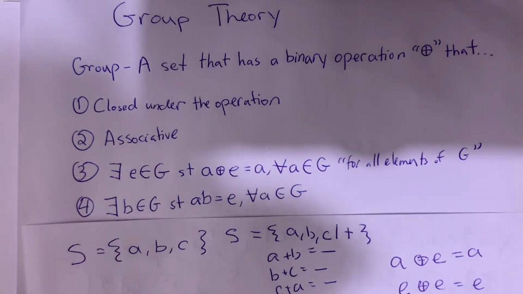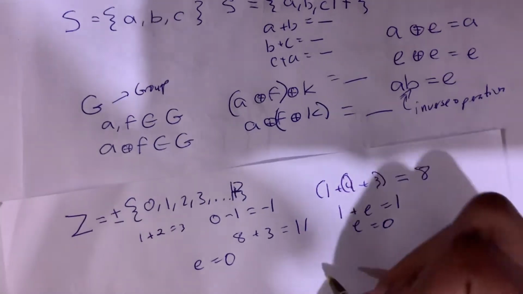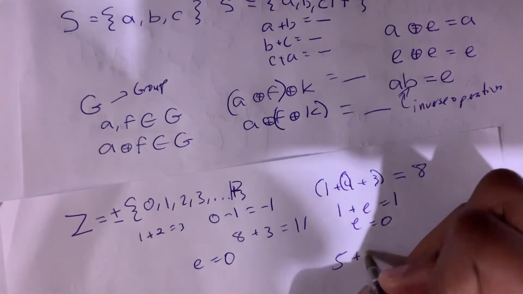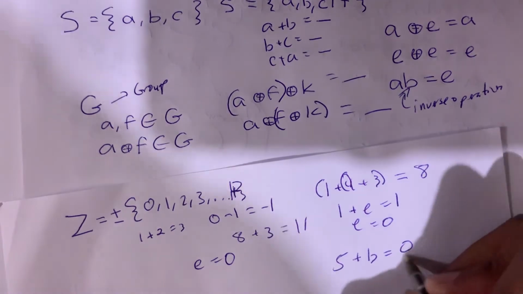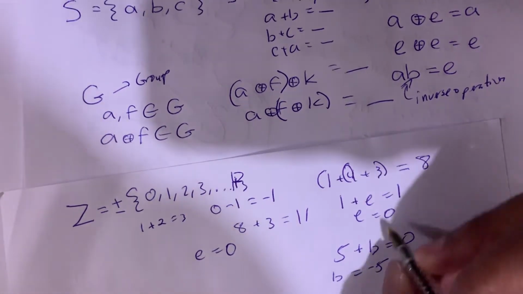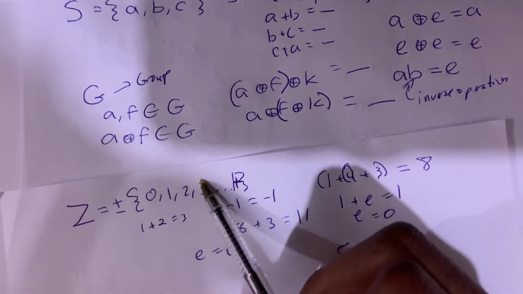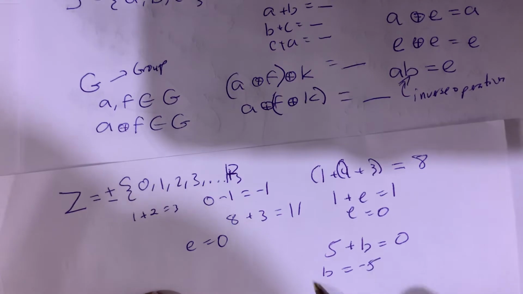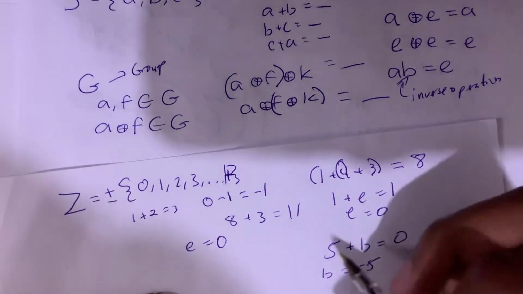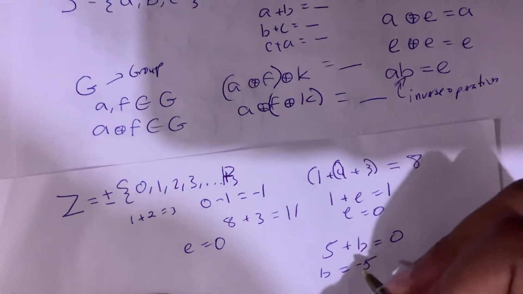4: does there exist some B where A plus B equals E? So does there exist some number where 5 plus some B equals the identity element 0? Oh yes, that being minus 5 in this case, which is actually in the set, because you have plus and minus, all of these things. So the inverse of any element would just be minus that element.